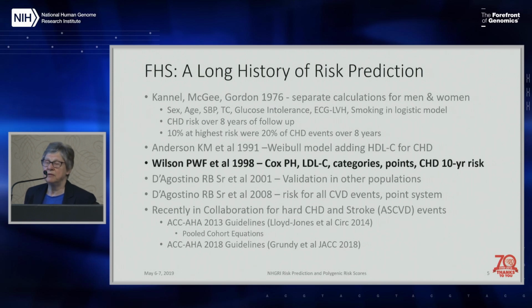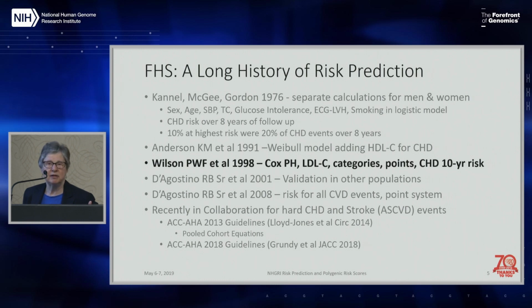And in particular, they used categories of risk. So what age range you're in, or what category of systolic blood pressure, and so on, and attached points to those categories so that people would add up the points and get their risk that way.